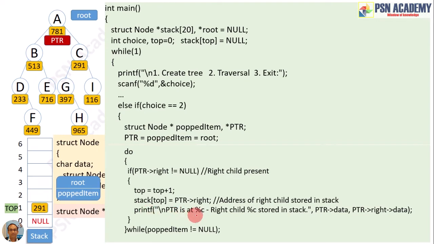You may print PTR's data and right child's data in this way for keeping track of the progress. Now this do while loop will run until it gets a null value. So popped item is not null means the do while loop will be running. Whenever the popped item will be null, that means this null here will come out of the stack, then you will declare that your traversal is over.